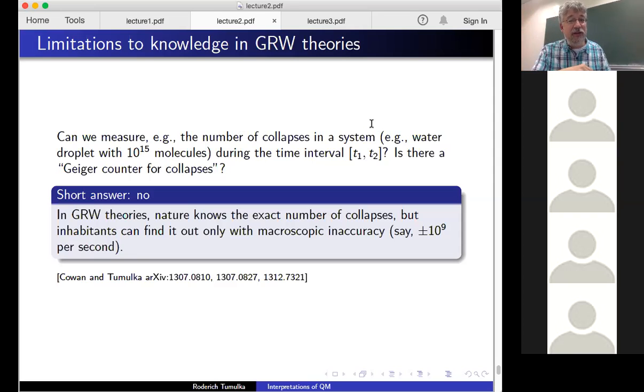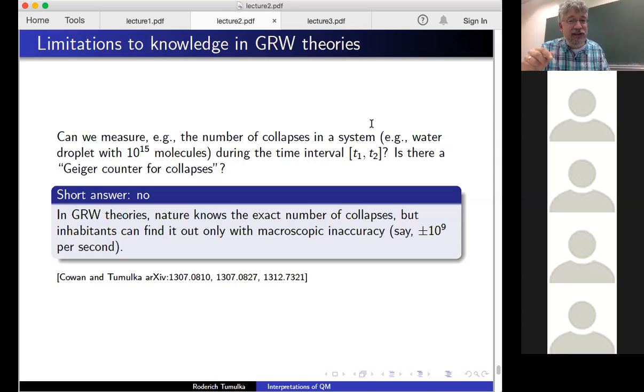There are limitations to the precision, to the accuracy with which you can determine whether a collapse has occurred. You can do some measurements on the basis of which you can make probabilistic statements of how probable it was, but you cannot make that arbitrarily precise.